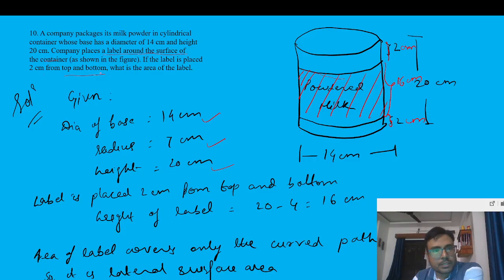Okay, it is written the company places it on the surface of the container. So this is only the curved part where the label is placed. So you do not have to calculate this or base, just calculate the lateral surface area of this part.